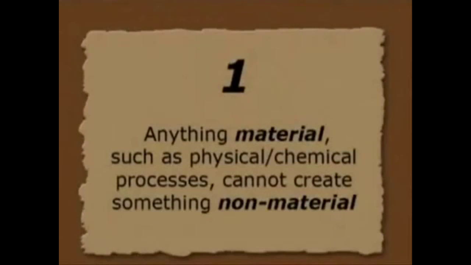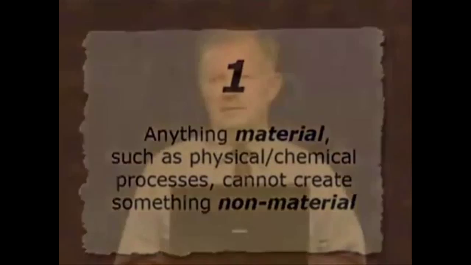Now let me come to the laws of nature about information. There are 10 laws of nature about information. The first one is, anything material, such as physical chemical processes, cannot create something non-material.